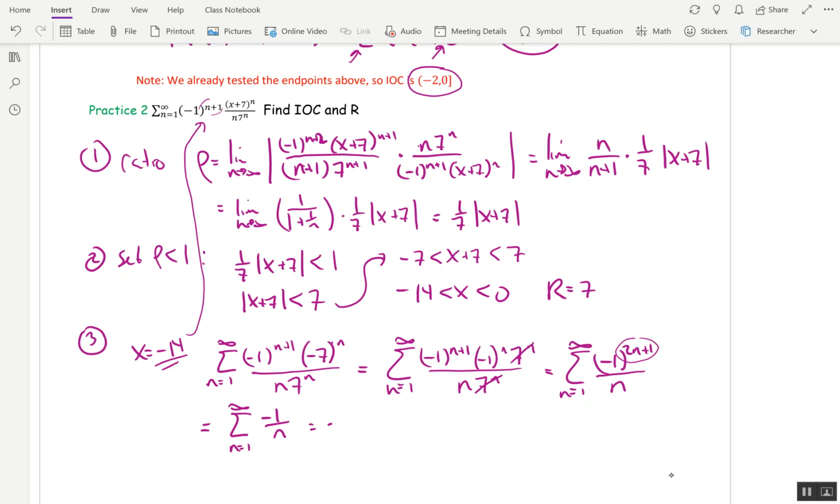In fact, that's negative 1 over n. So that diverges by the p-test because it's not alternating. So negative 14 is not in the IOC.